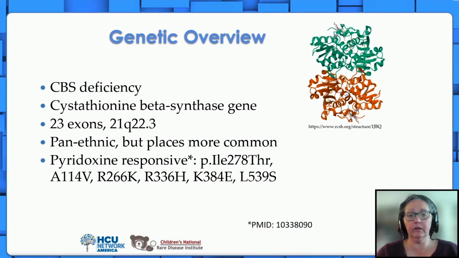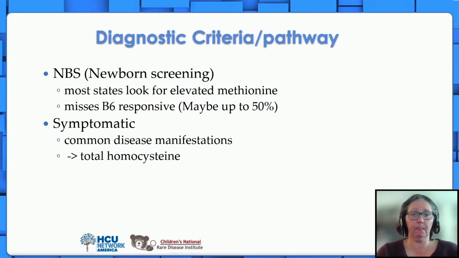The most common pyridoxine responsive variant is probably isoleucine 278 to threonine, although there are a number of other known pyridoxine responsive genes. Individuals who are homozygous for these genes are almost always pyridoxine responsive. Those who are heterozygous, such that they have one pyridoxine responsive and one of the more severe mutations, are typically either partially responsive or not responsive to pyridoxine.